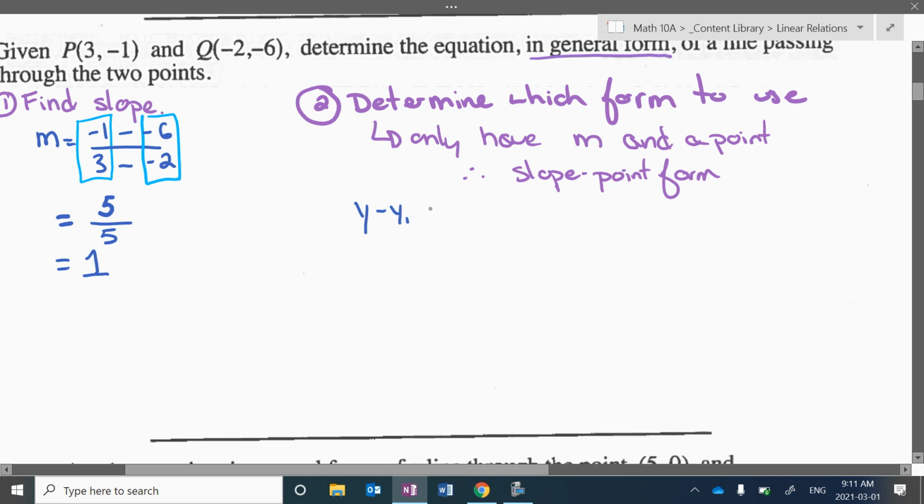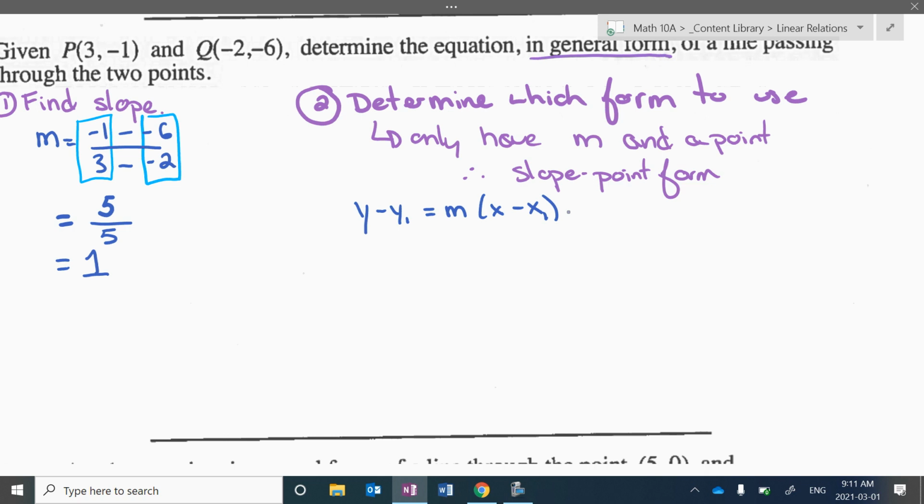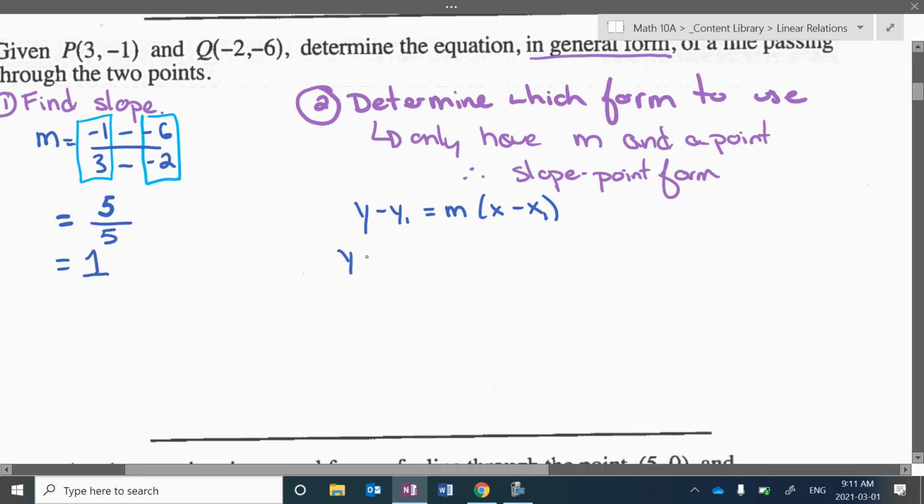So y minus y1 equals m times x minus x1. You can use either of the points that you're given. It does not matter which one; it's 100% personal preference. Let's just use point P because it was the first one listed. So this is going to be y minus -1 has a slope of 1, times x minus 3.